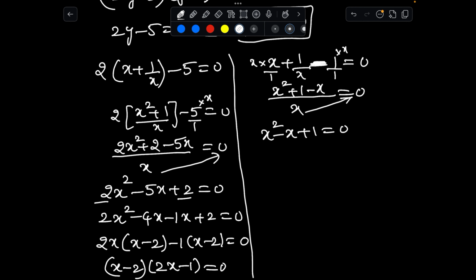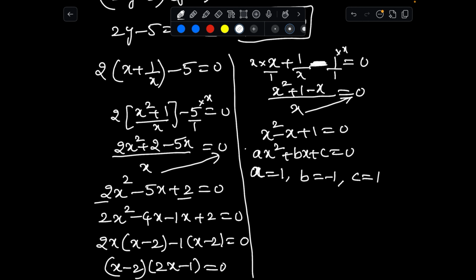Here the factors of 1 are 1 only; 1 plus 1 is 2, 1 minus 1 is 0, but here the middle term is there. So use the quadratic formula, comparing with the general equation ax² + bx + c = 0. Here a = 1, b = −1, c = 1.